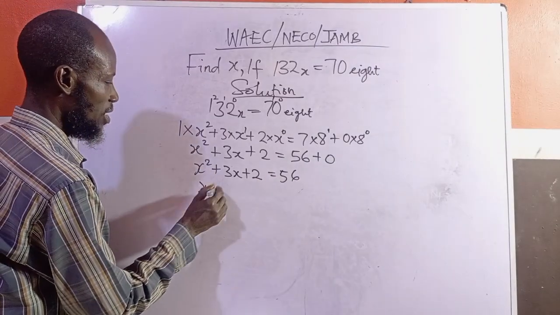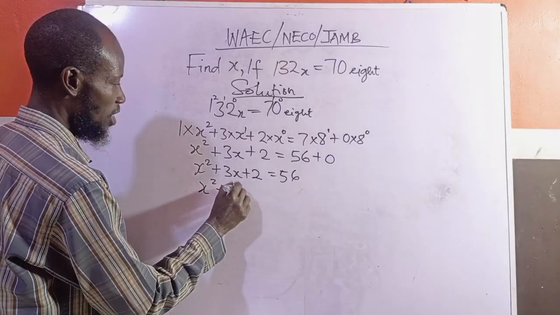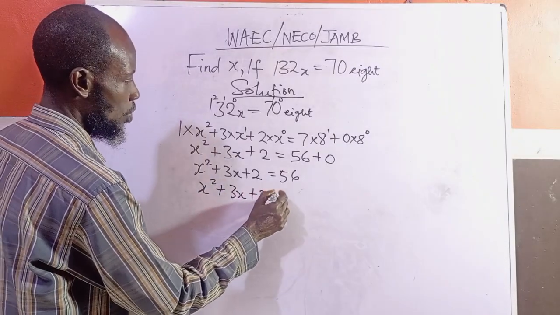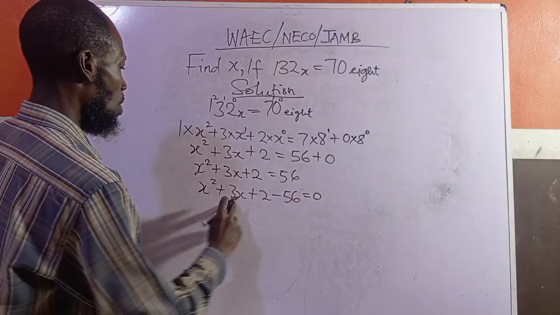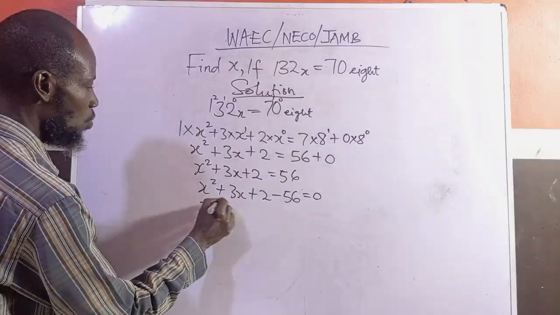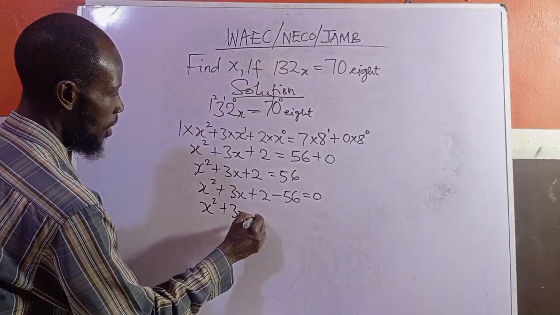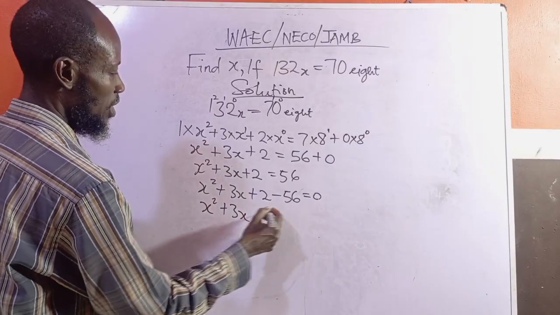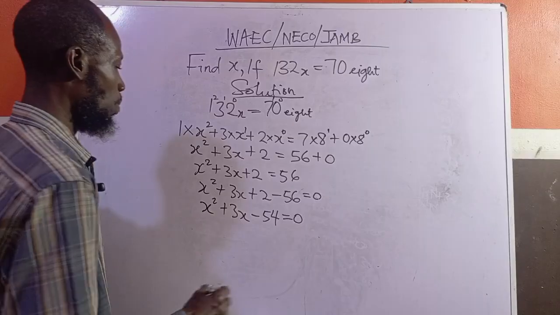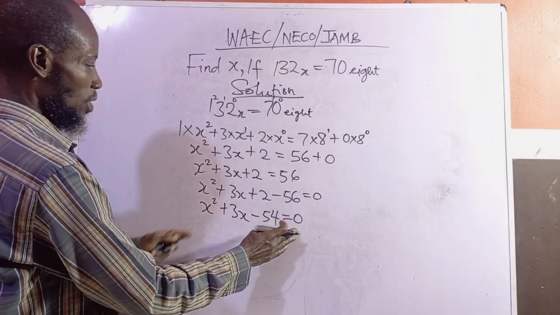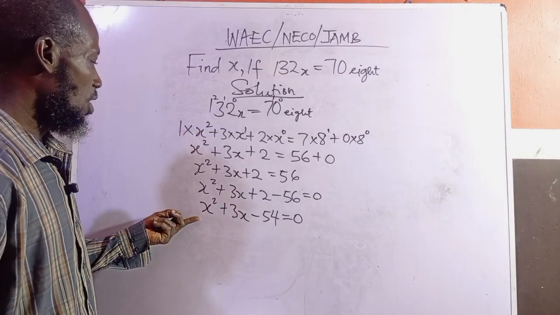Now we have x squared plus 3x plus 2 minus 56 is equal to 0. So now we have x squared plus 3x, then plus 2 minus 56, that will give us minus 54 equals 0. Now, we have a quadratic equation.